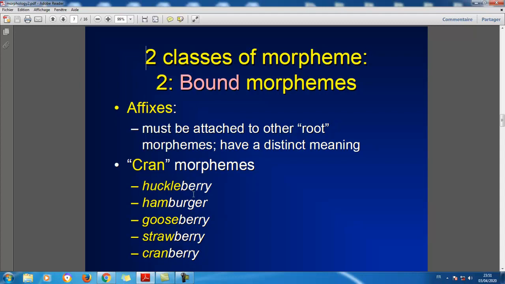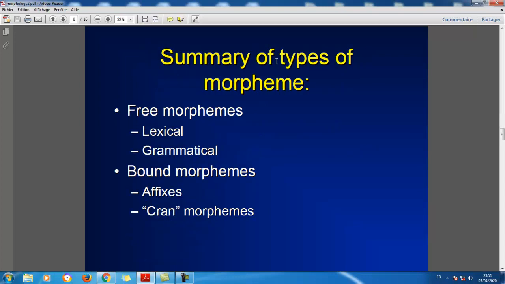Okay, so they constitute a special category of bound morphemes. Now let's have a summary of the types of morphemes we introduced up to now. We can talk about free morphemes, and in here we can include lexical, grammatical morphemes. We can talk about bound morphemes. We can talk about affixes, and we can talk about cranberry morphemes.